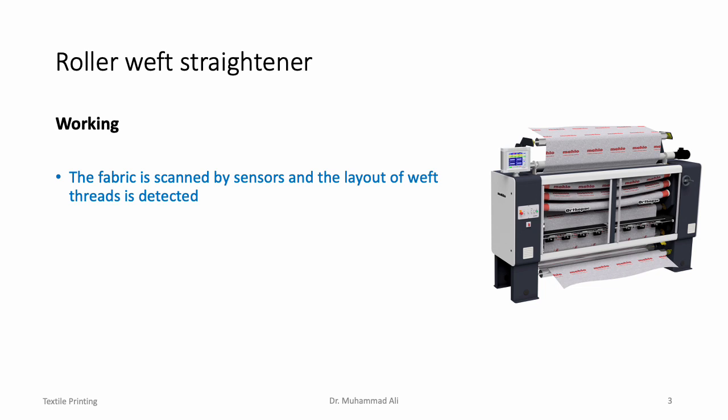In other words, it is the scanning step in which the type of distortion and the magnitude of distortion is detected. So if you look at this image here, this array of small modules is actually a set of different sensors.